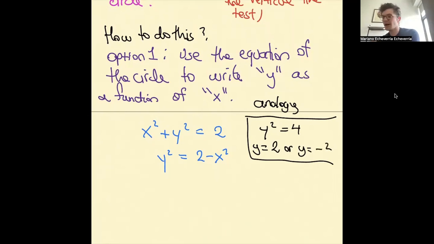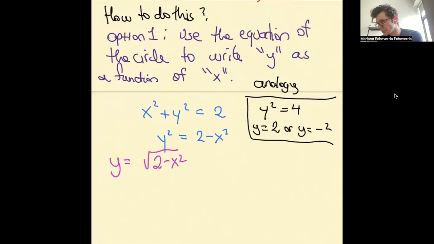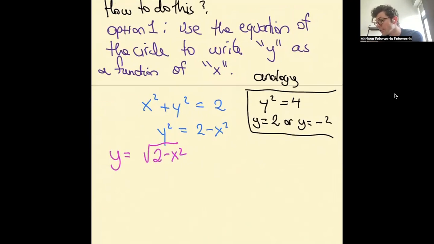So in general, it's essentially the same idea. We would like to take square roots on both sides. It's just that when we take square roots, let me use different colors. If you take square root on both sides, you get y equals root of 2 minus x squared.